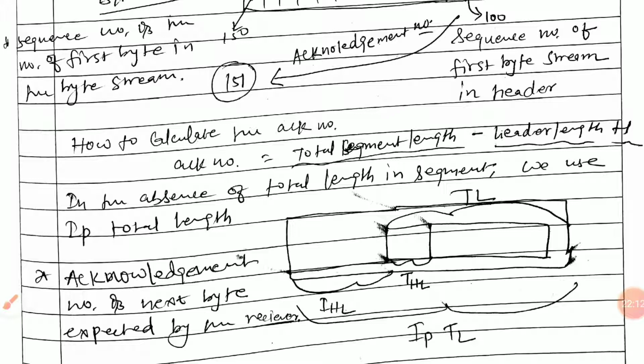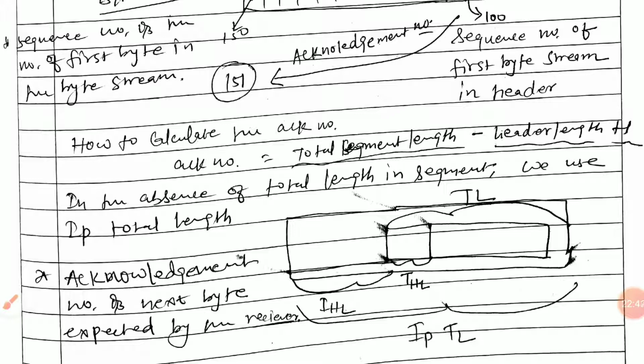So in the absence of total segment length, how can we calculate the acknowledgement number? That is the most important question. For that, if you see the IP header, there is a field called IP total length, which is not available in the TCP header. So in this case, we take the help of the IP total length in order to calculate the total length of the segment.